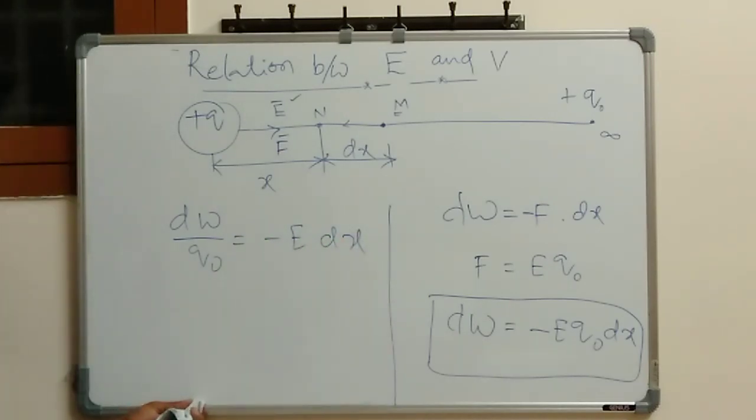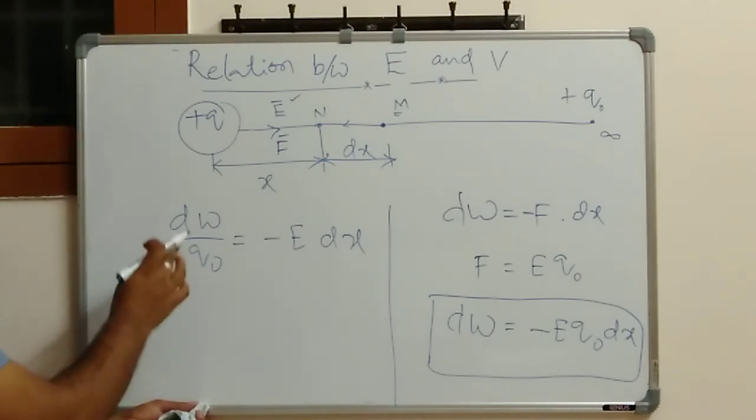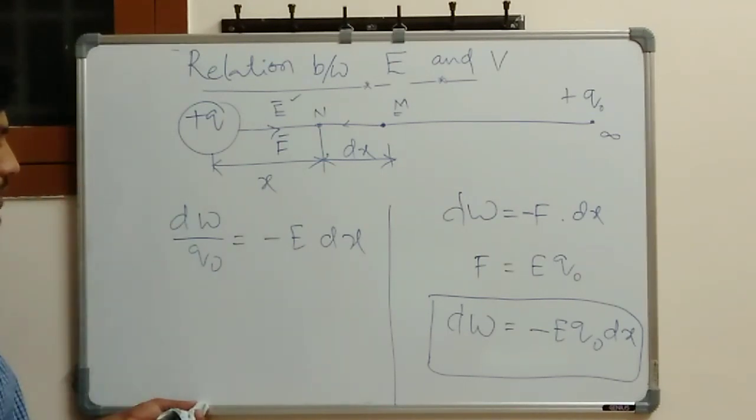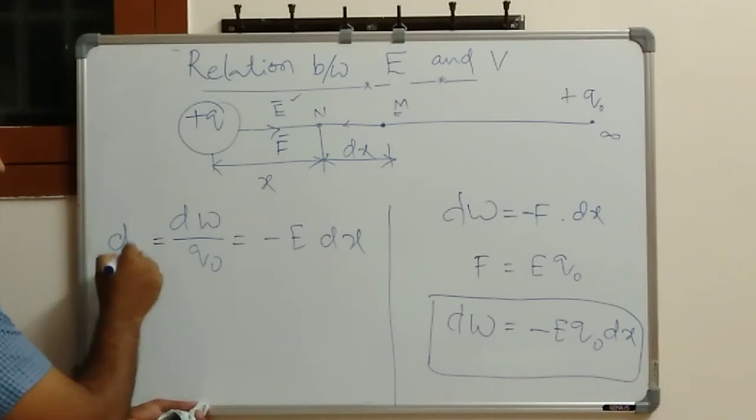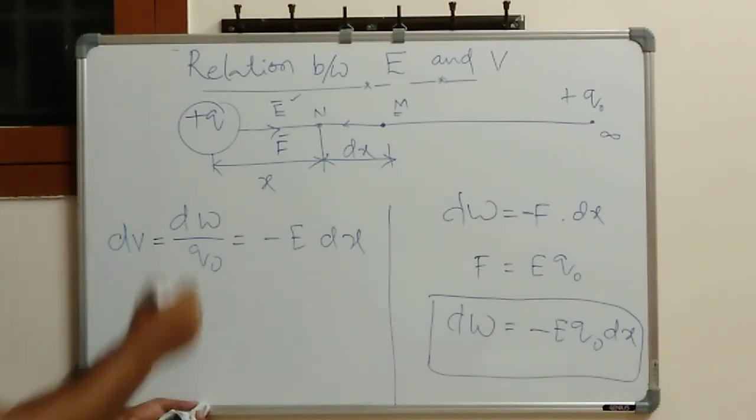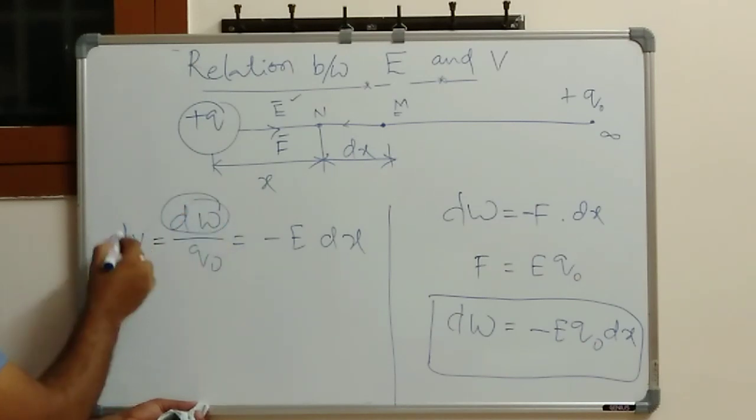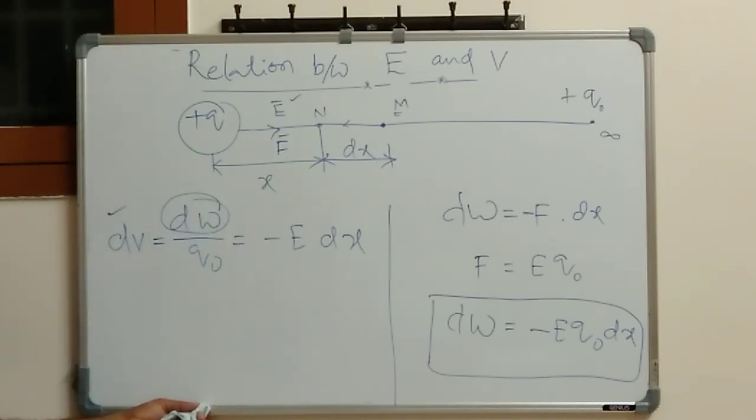Now you see, the external work done on the test positive charge per unit charge is nothing but the potential difference dV. Here I am doing a small work, so you get a small potential difference.